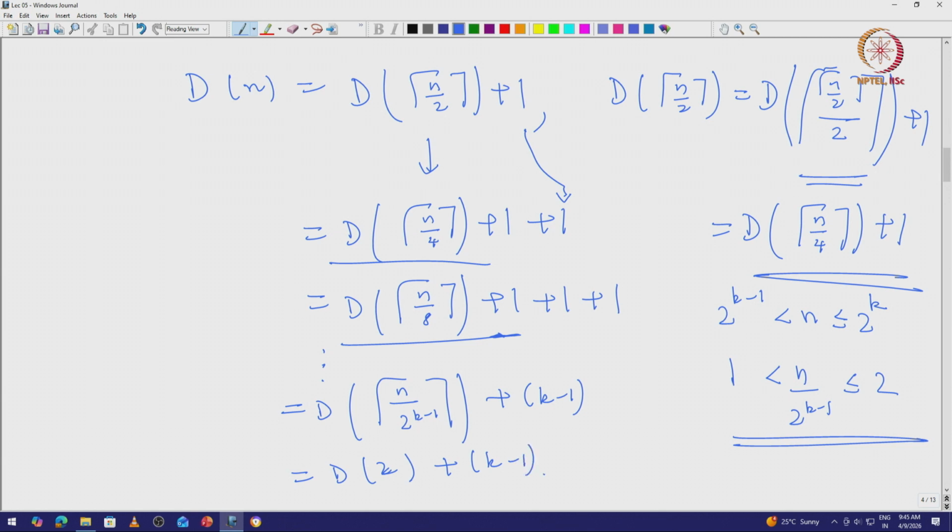From this, you see that n by 2 power k minus 1 is a number between 1 and 2. So, when you take ceil, you get 2. That is what you are getting here. When you take ceil, because of this condition, you are getting 2.